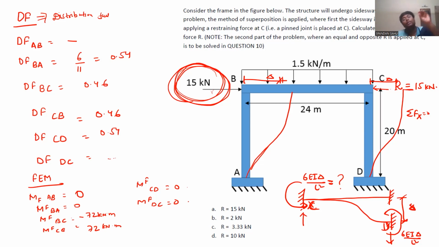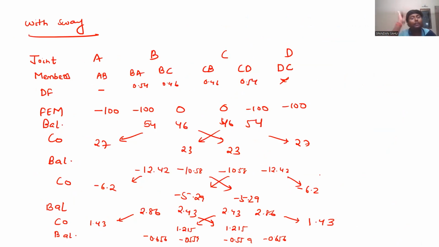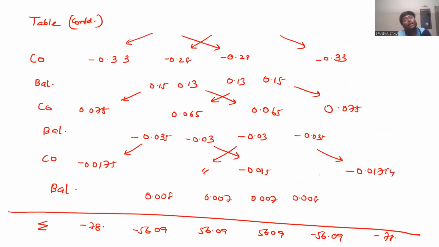Once you are done, fix all those in the table here. Then do balancing and carryover, depending upon where the error will be less. Then sum it up. These are the moments due to what you assumed, 100 kilonewton fixed end moment.